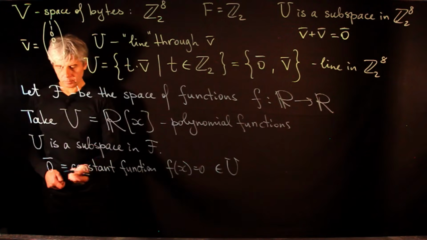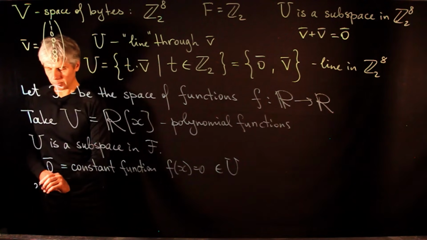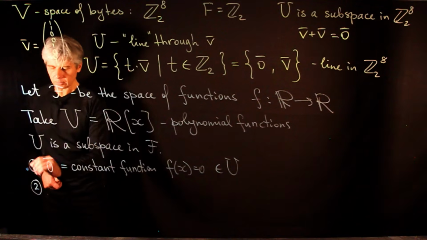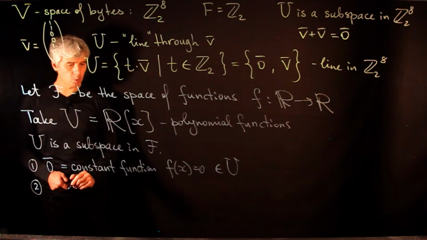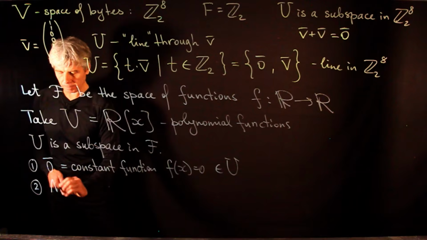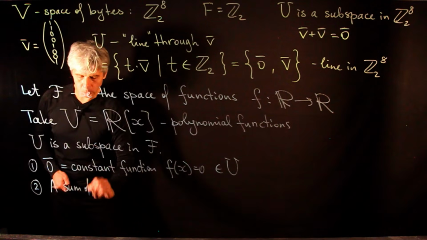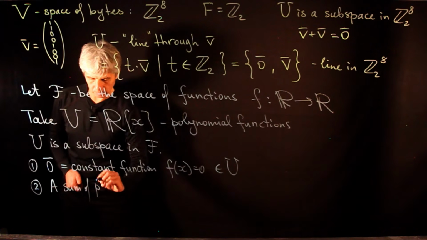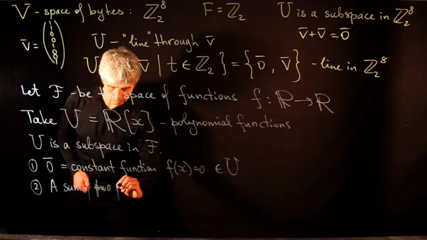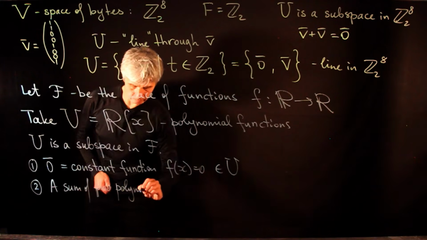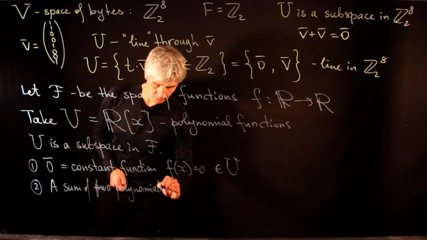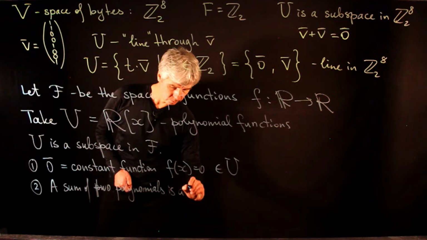Then, for the second property of a subspace, we have the following: a sum of two polynomials is a polynomial.